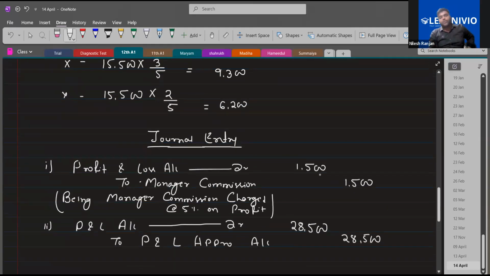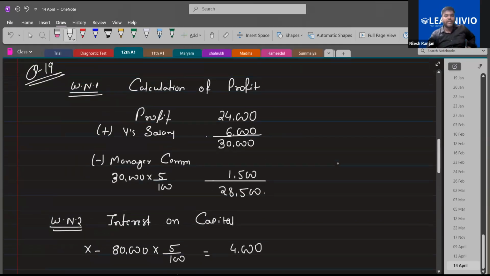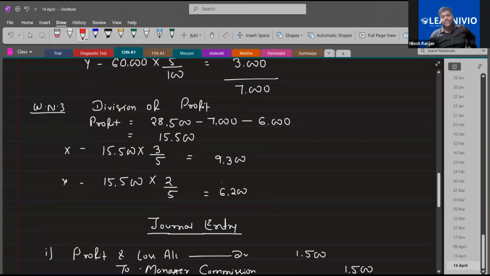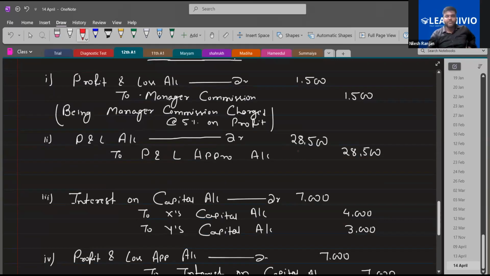Now after manager commission, our profit is only 28,500. After deducting manager commission, actual profit is 28,500. So we have transferred this amount from profit and loss account to profit and loss appropriation account. So this is the first entry for transfer of profit.